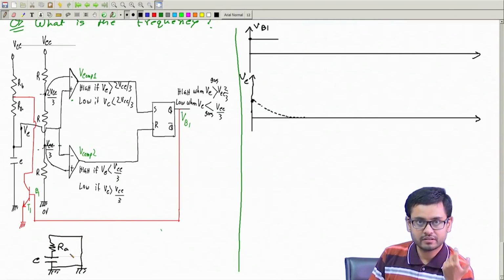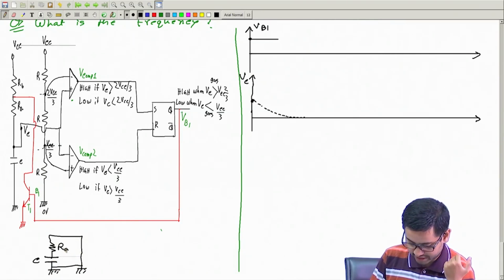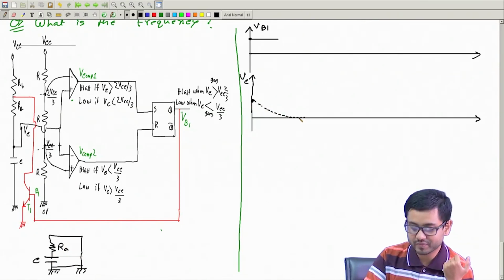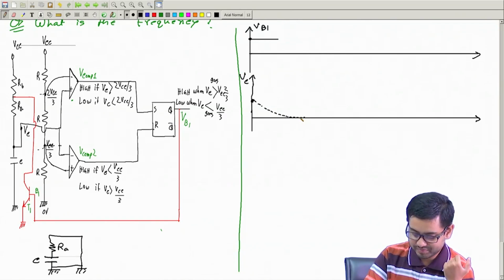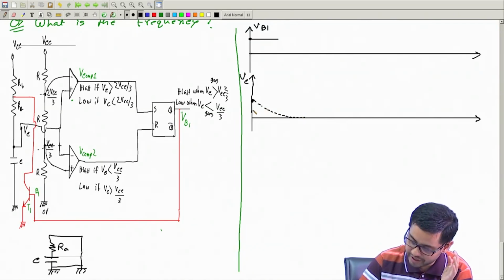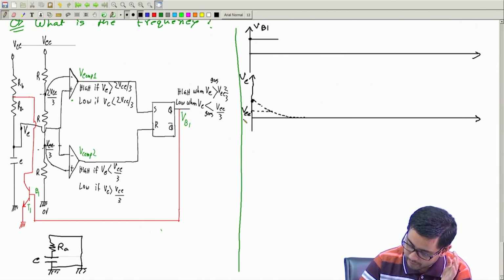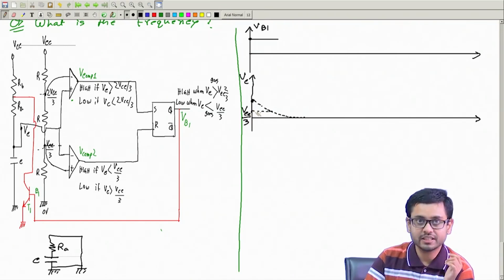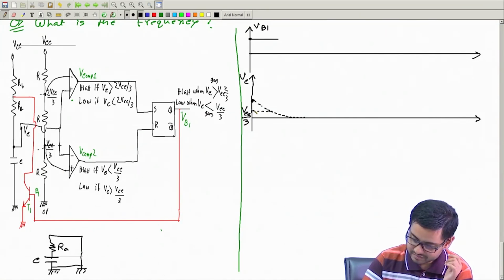So this will discharge with the time constant RAC. This is going down towards zero. But will it reach zero? It won't, because something different will happen at the moment when it reaches the level VCC by 3.